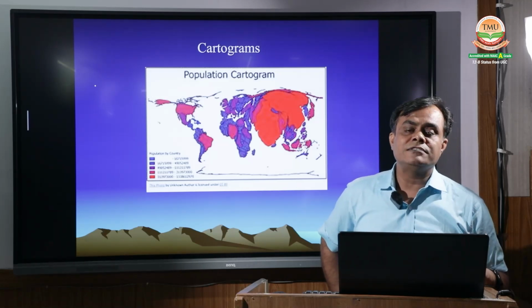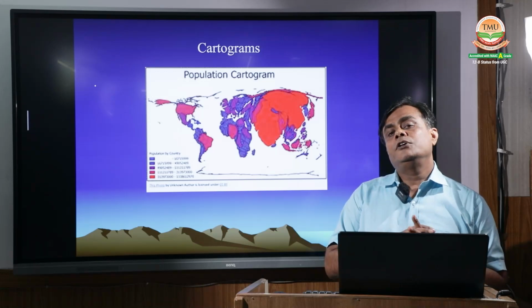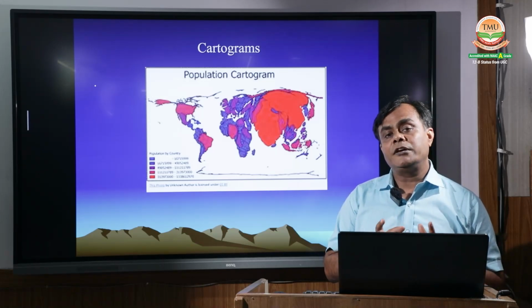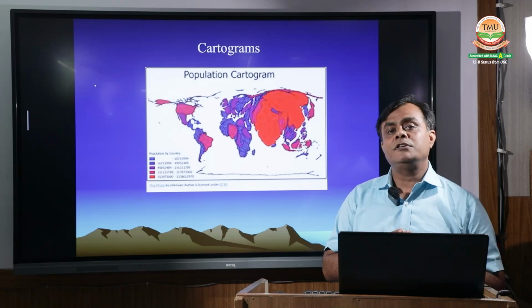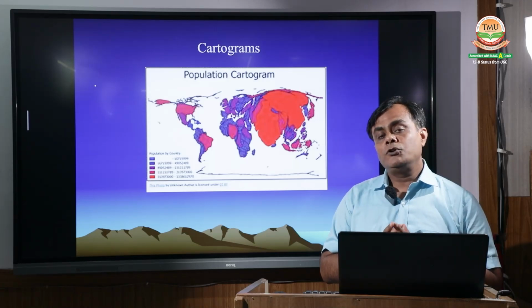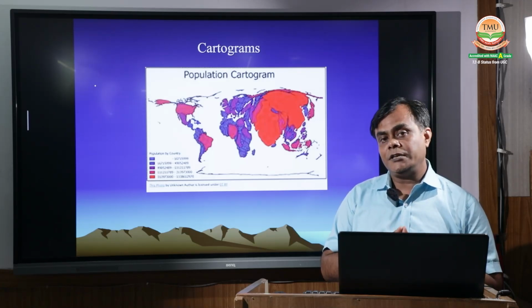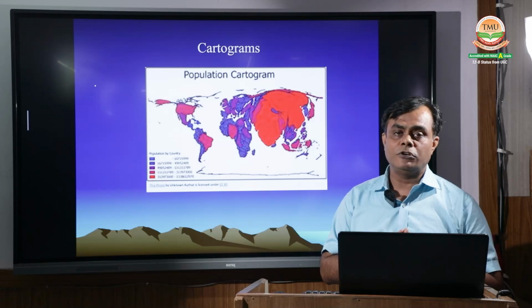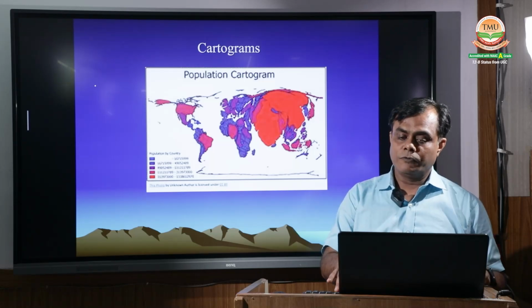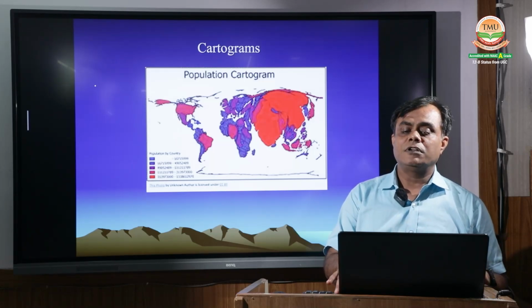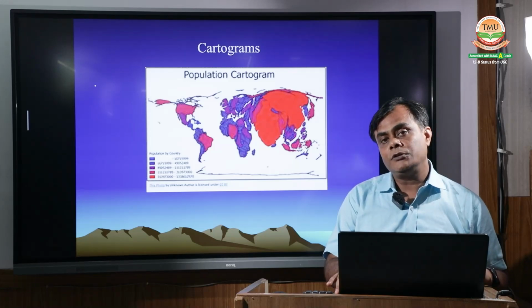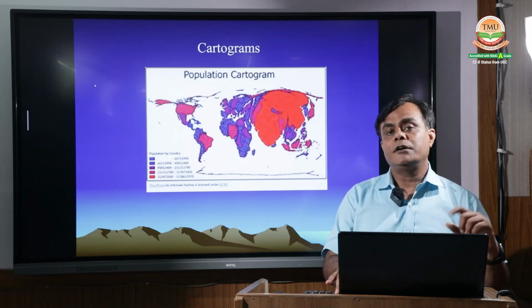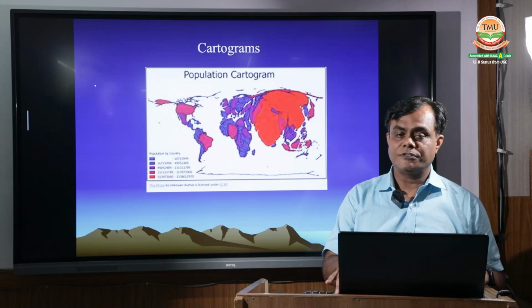So simply we can say that when you are using information related to a geographical area, the cartogram is a very simple way to make a better presentation of your information. For geographical regions, the cartogram is one of the important ways to present your information in a diagrammatic way.